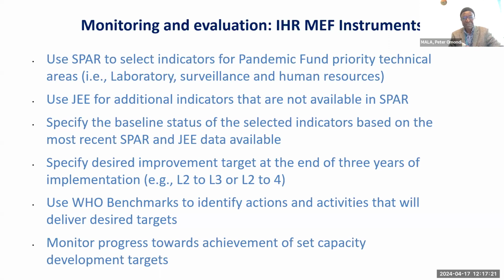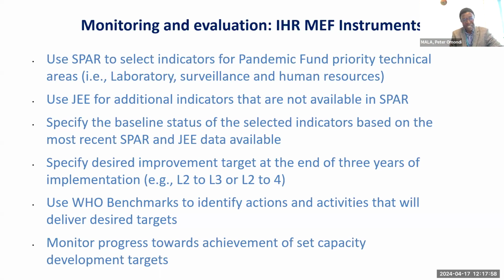So as the first point illustrates, use SPA to select indicators for the Pandemic Fund priority areas, which are laboratory, surveillance, and human resources. Of course, there are additional areas that countries choose, but learning from what you're going to do for these priority areas, you just apply the same for any additional areas you may choose to work on, whether it is food safety, whether it is immunization, and so on.